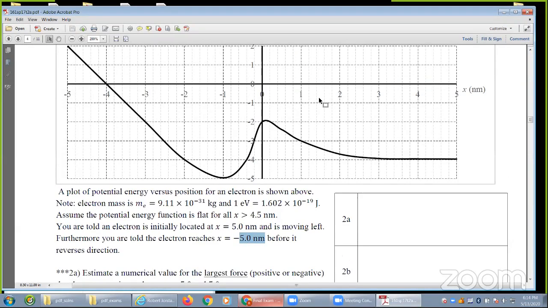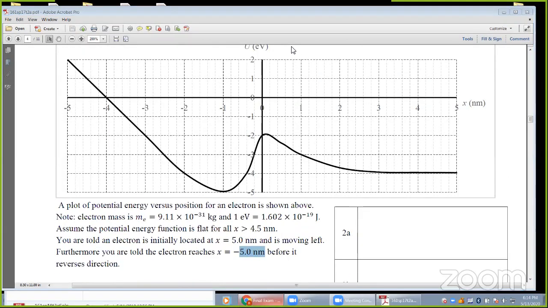So we would get this energy and this energy, right? That would be U initial, the red dot. This would be U final, the green dot, which is 2 eV. And this one looks like it's -4 eV. Now, wait a minute. Do I need to worry about the fact here that it goes down to -5 or it goes to -2? Do I need to worry about that in this problem?